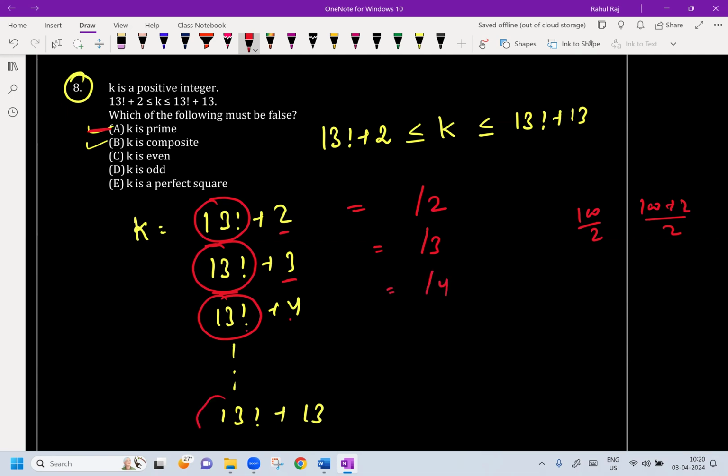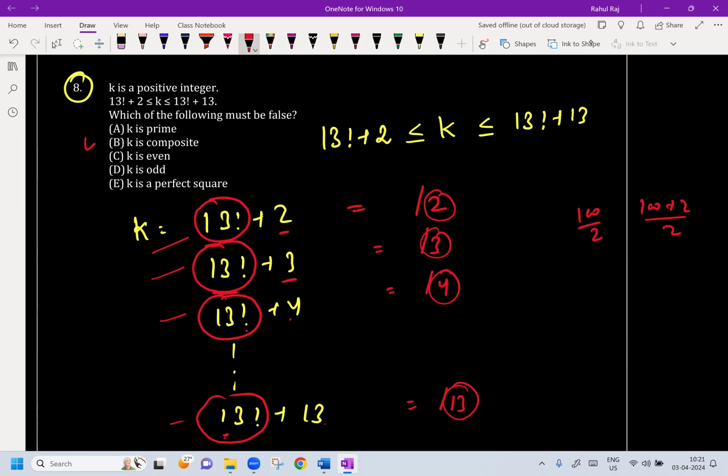In the same way, 13 factorial is divisible by 13. So a number divisible by 13 plus 13 will surely be divisible by 13. So all these numbers have at least one different factor for sure, except one and themselves. It means this is not a prime number.